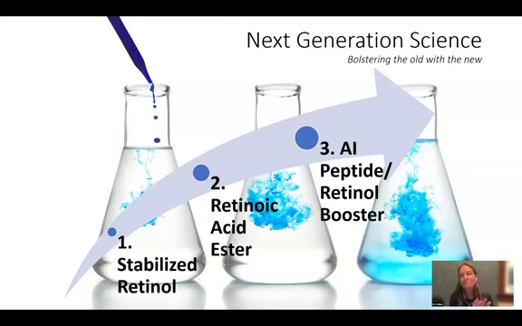Retinols and retinoids have been around forever, but the fact that you've got a retinol that is stabilized, that isn't going to have some of the irritation that we typically find with retinol, actually a retinoic acid ester, something that's so close to being a retinoic acid, but without that irritation, and then an AI peptide that has the ability to act as a retinol booster, makes this a super exciting time to be in the cosmetic industry. So that was it.